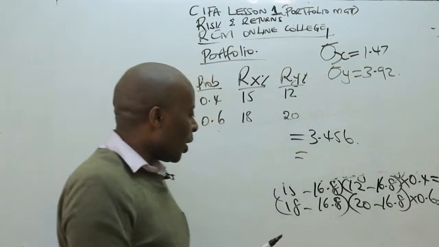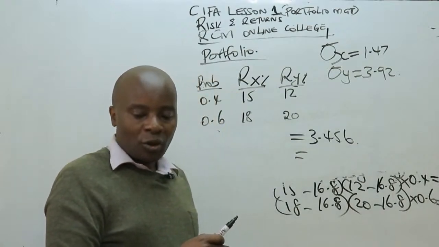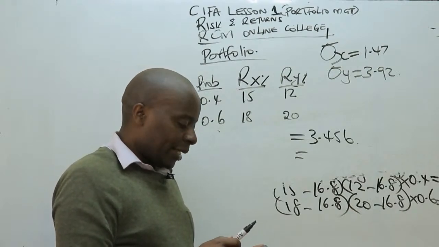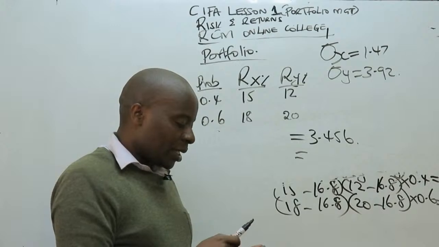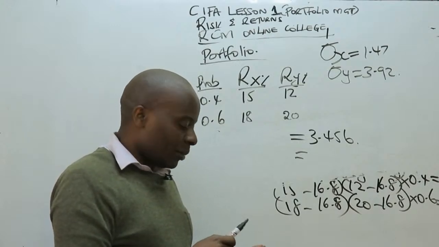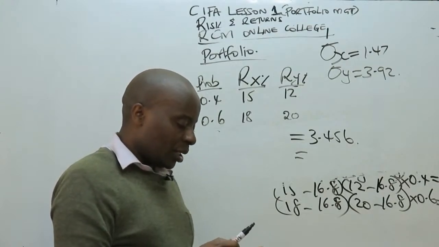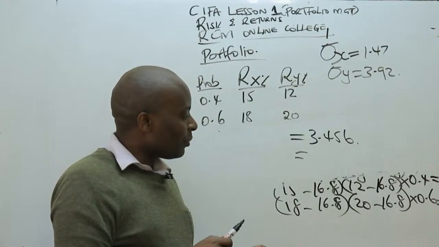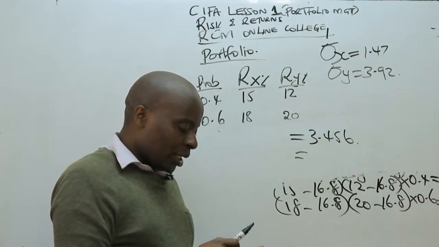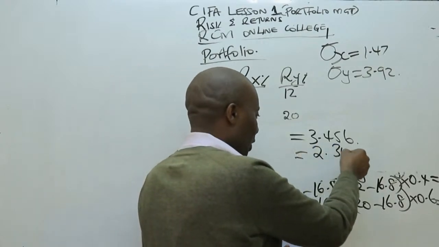Come and pick the second one there. The second one, what do we have, ladies and gentlemen? We have open brackets. So open brackets here, we have 18 minus 16.8. Close brackets times. Open another bracket, ladies and gentlemen, here we have 20 minus 16.8, close, times 0.6 probability equals, I'm able to get 2.304.